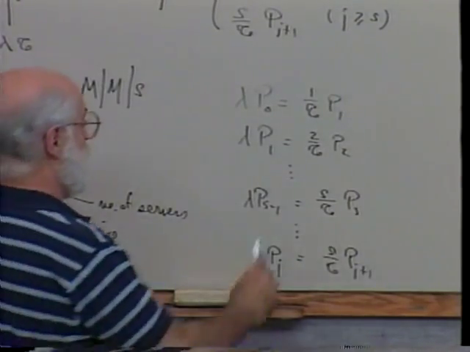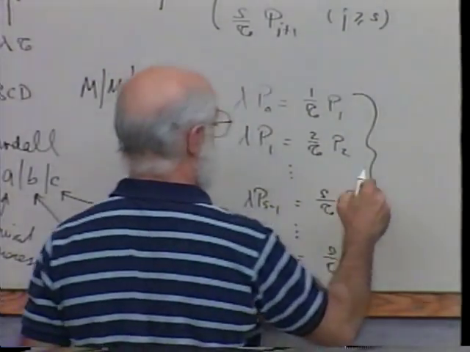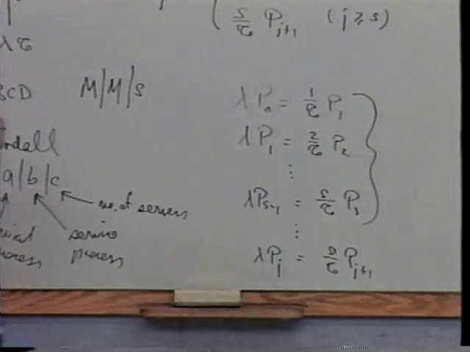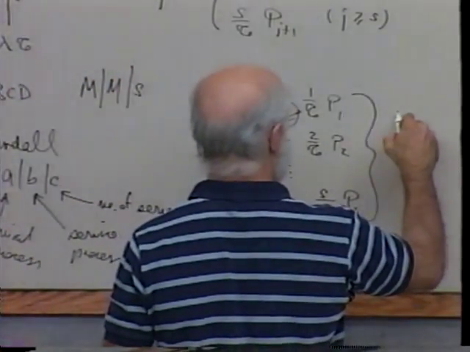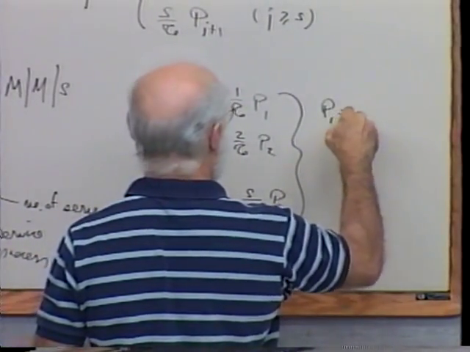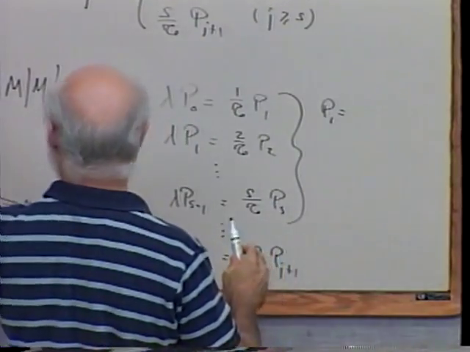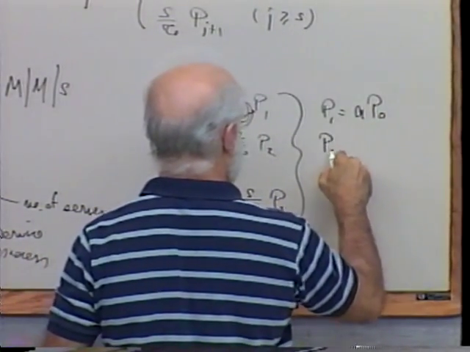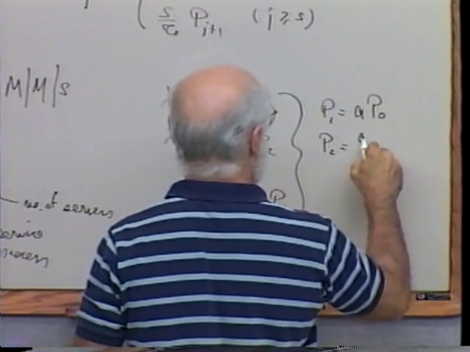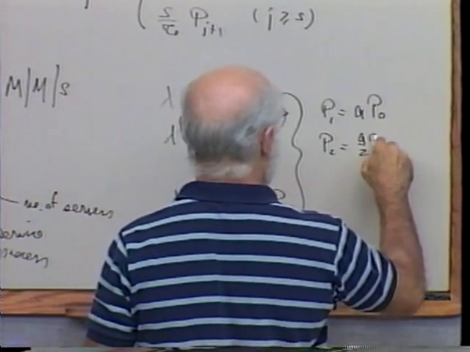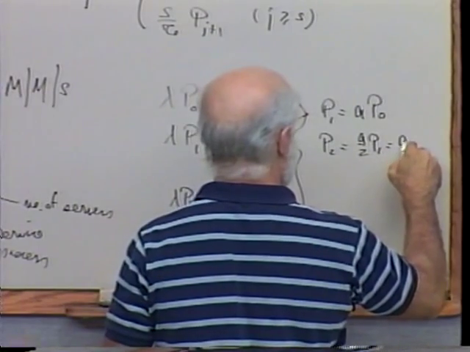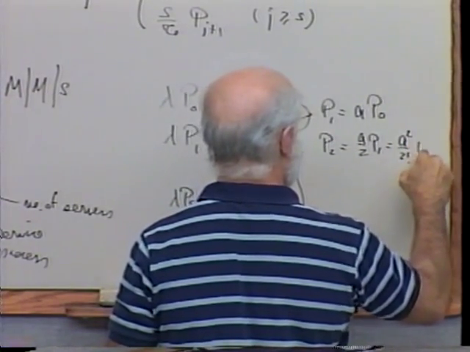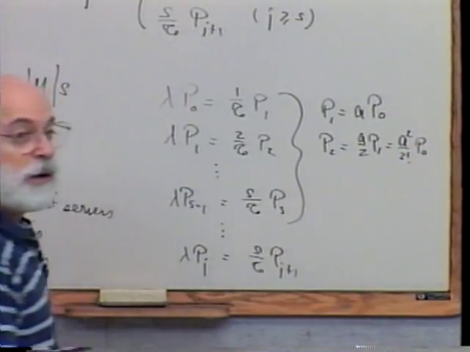So I solve the equations just as I did before. What I get is P1 is equal to lambda times tau, which is A, times P0. And then I get that P2 is equal to A over 2 times P1, or in other words, A squared over 2 factorial P0, and so on.